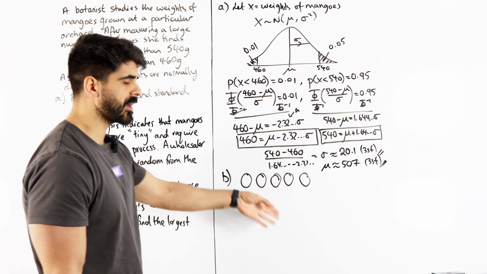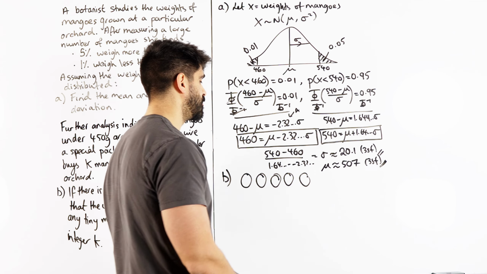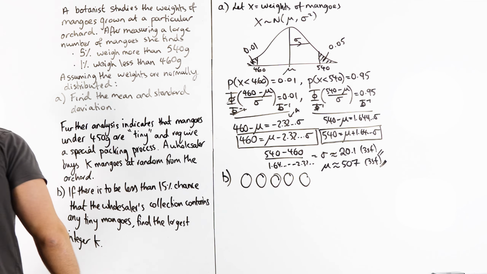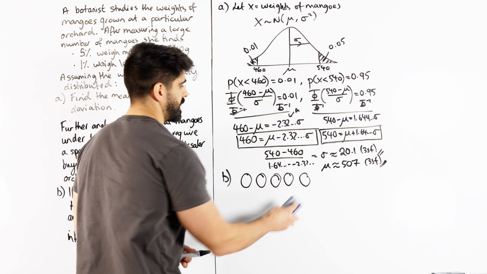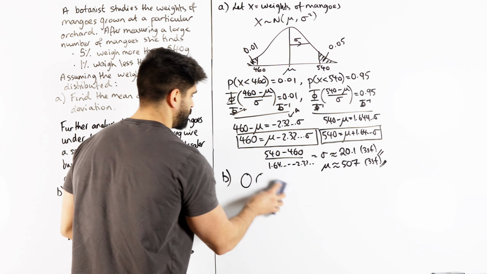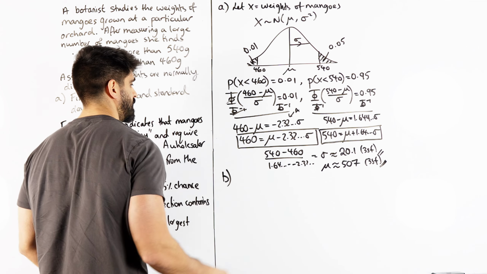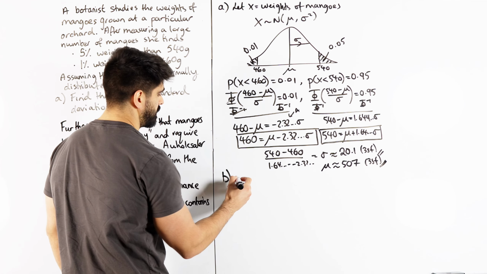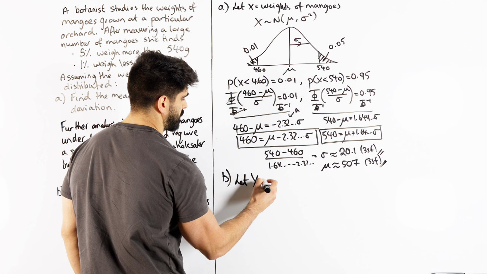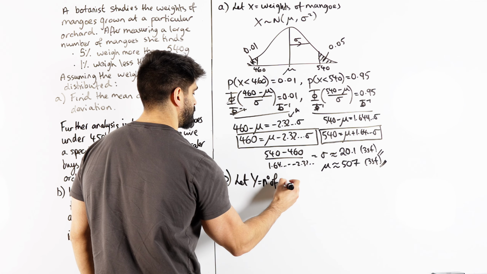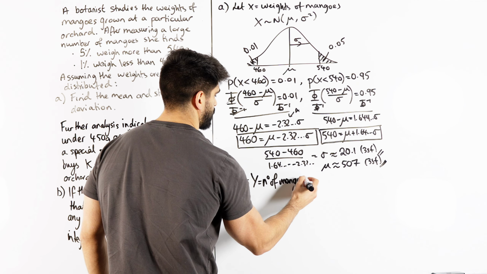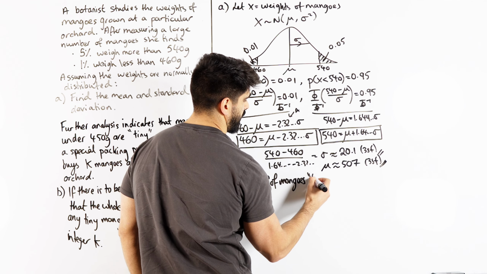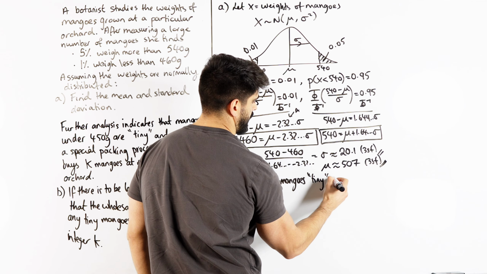So you'd go one by one. This is giving me binomial distribution vibes. So here we're going to have to define our binomial distribution and figure out how it connects to the normal distribution. So let's use Y. Y equals the number of mangoes that are tiny out of K.